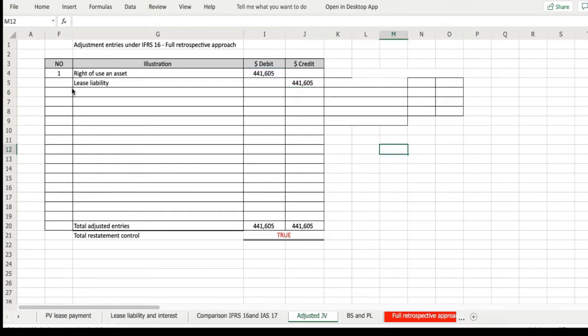We can make an illustration to recognize the right of use asset and lease liability.